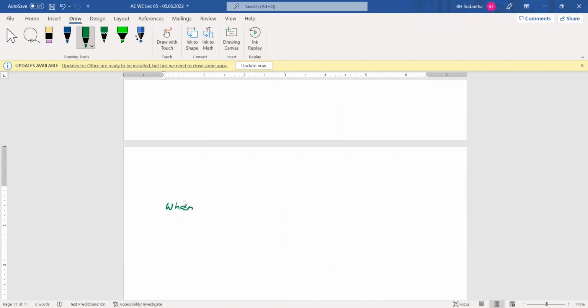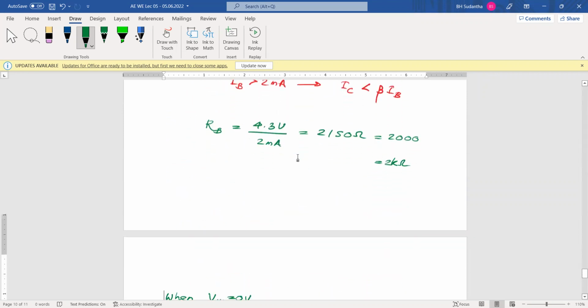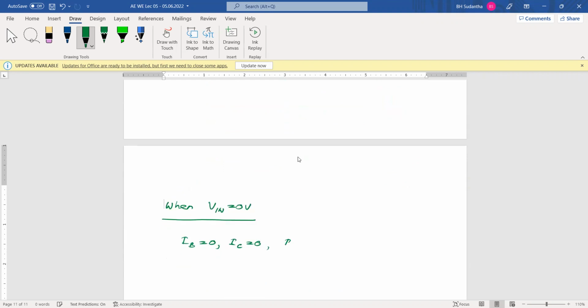Okay, now having this arrangement, when V in is 0 volts, what will happen? Then IB 0, then IC 0, then because of that IC 0 means this bulb is off. Okay.